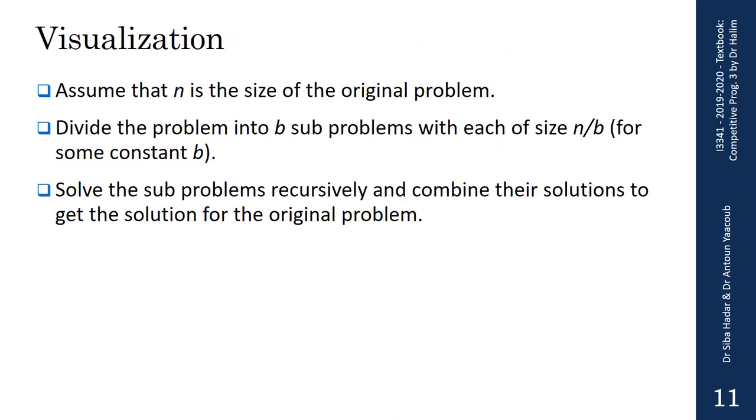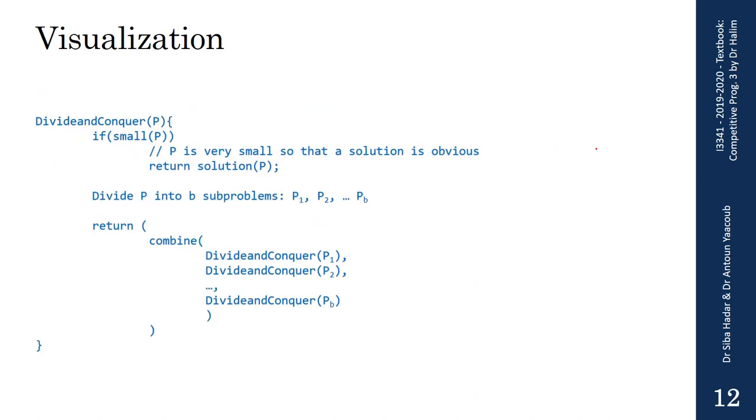To see how it works, let's assume the size of the original problem is n, and we subdivide this problem into b smaller problems, so we have n over b sub-problems. We recursively solve these smaller problems, and then we combine the solutions of these sub-problems. In coding, we have a recursive function.